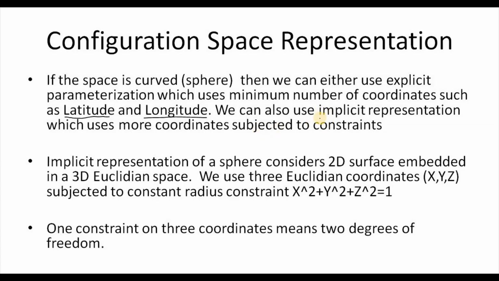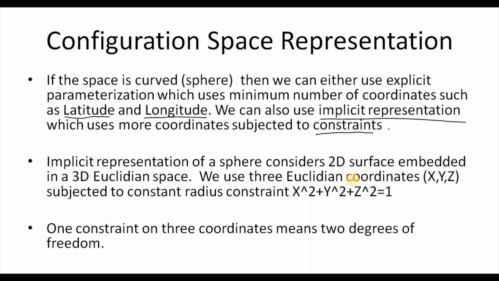We can also use implicit representation, which uses more coordinates subject to constraints. We shall see how. Implicit representation of a sphere considers a 2D surface embedded in a 3D Euclidean space.